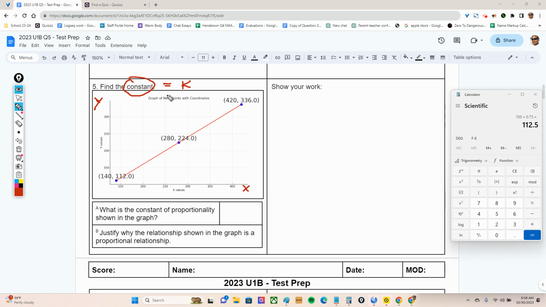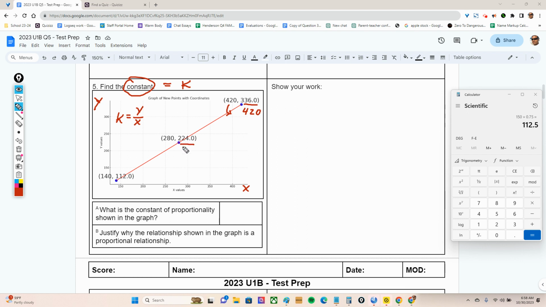That's the variable. K represents a constant. So the equation is k equals y divided by x. So we're going to divide it this way. That's why I say drop it, because you're basically doing 336 divided by 420.